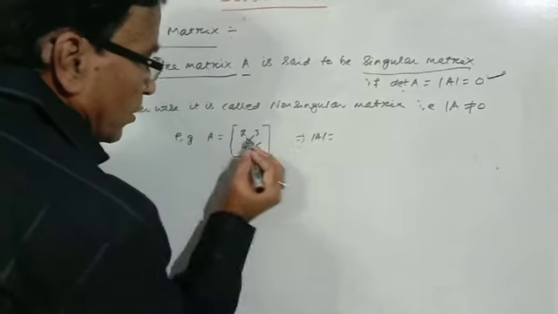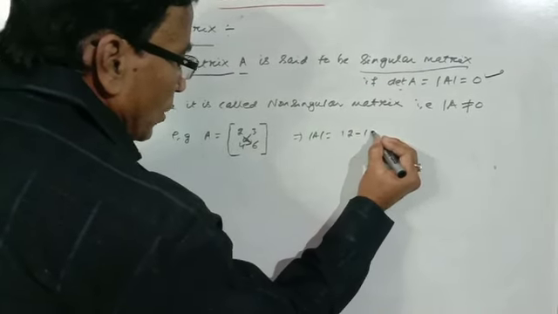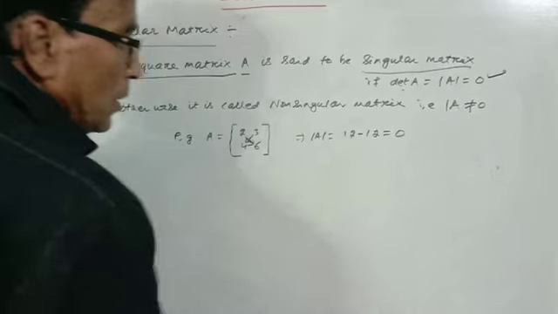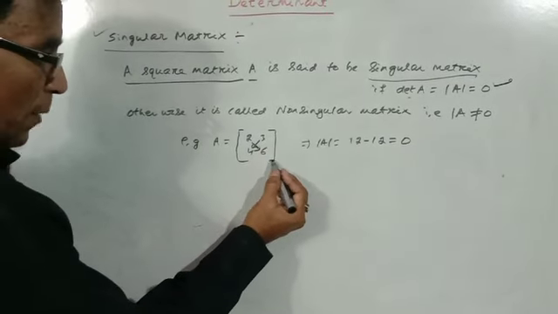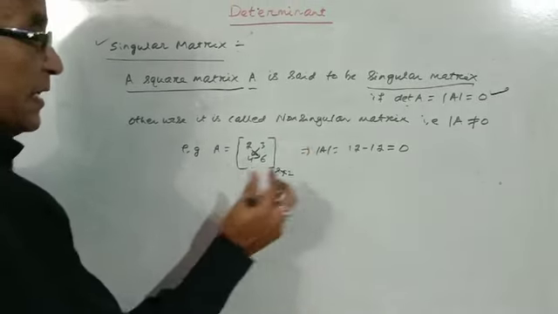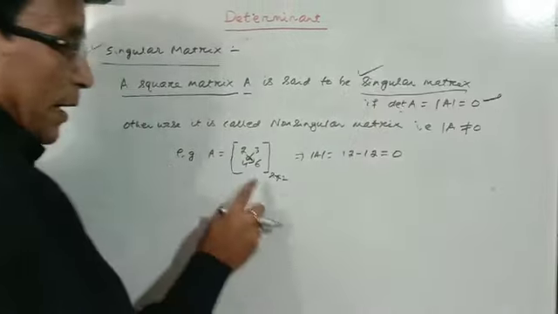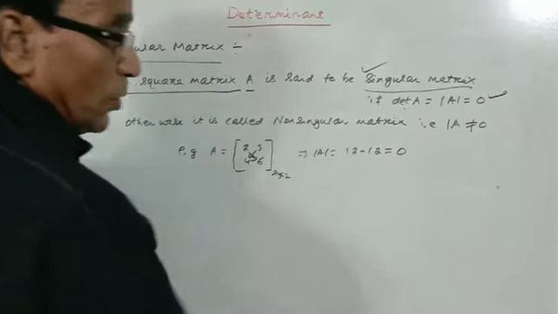So it is 2 into 6, that is 12, minus 12. So that is equal to 0. So we can say that this matrix of order 2 cross 2, this A matrix, is a singular matrix. Why is it a singular matrix? Because its determinant is equal to 0.